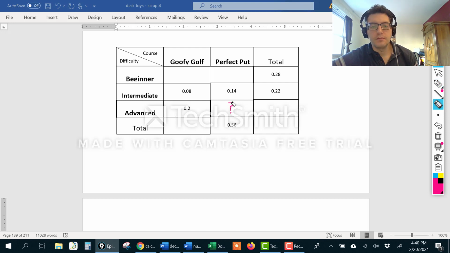Well, I can't do that because there's also missing information in that same column. So I can't figure out what should go in this blank spot based on the information that I have in this column, because there's another blank spot in the column.